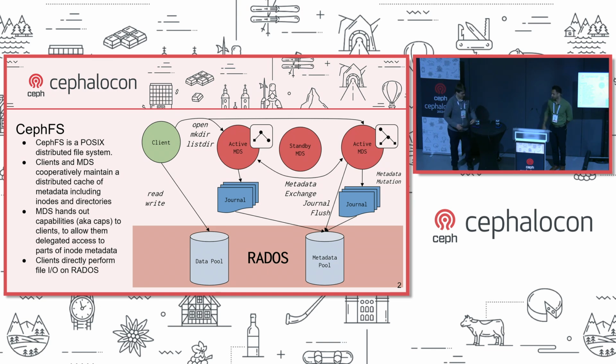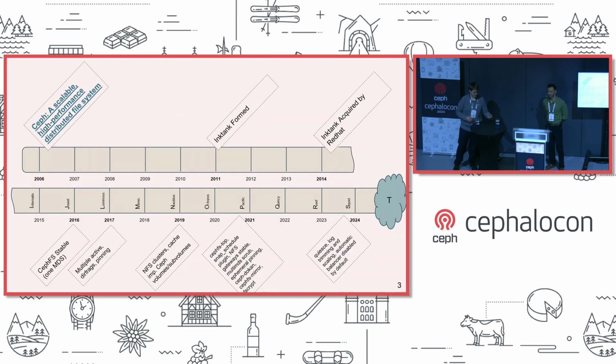Next slide, please. Okay, so just as a brief overview of some of the history of CephFS, we actually had a talk yesterday about this, if you want to see something a little more comprehensive. But CephFS actually has a fairly long history. We're almost at 20 years since its first academic paper.